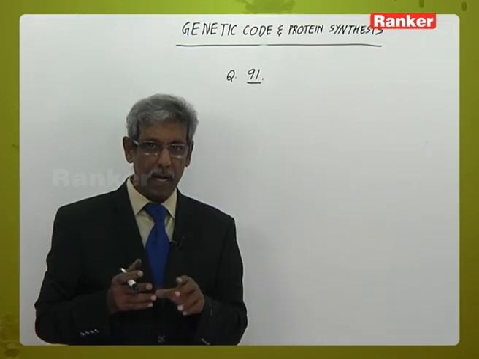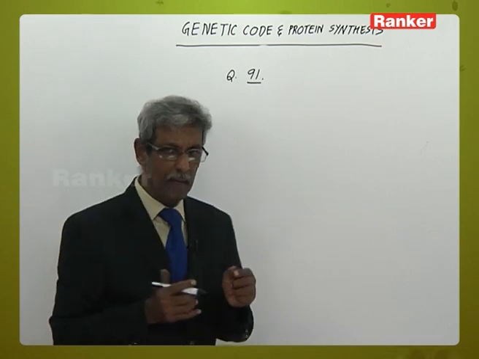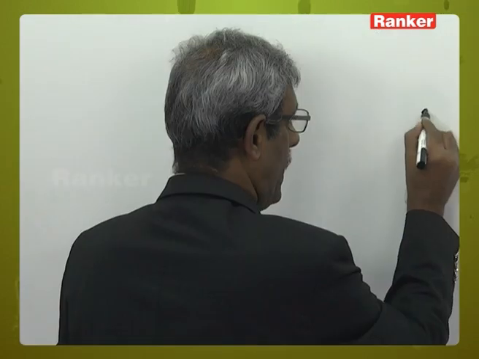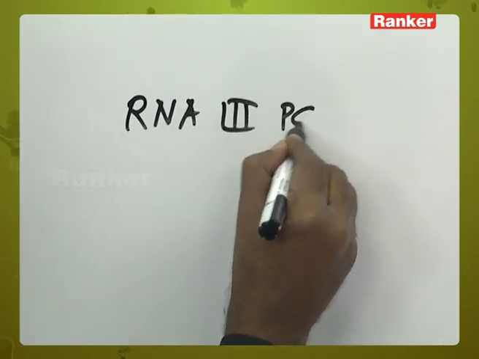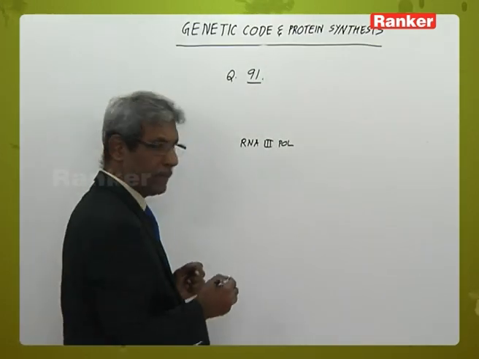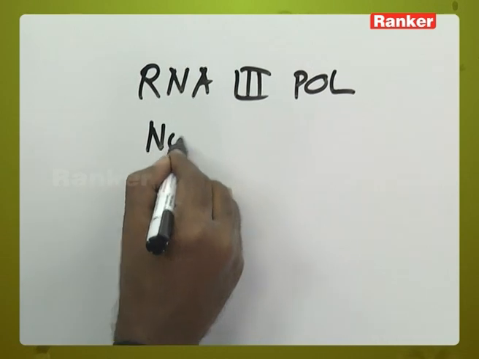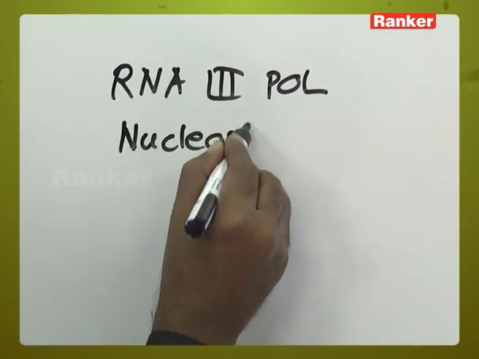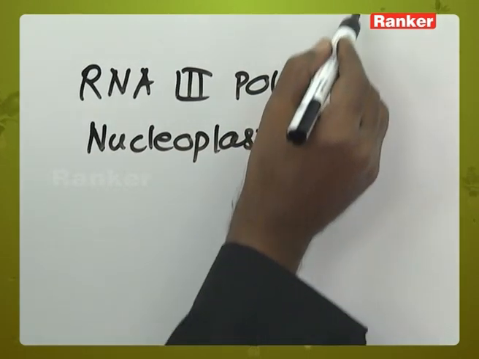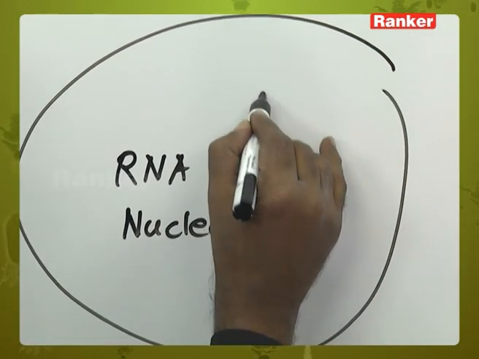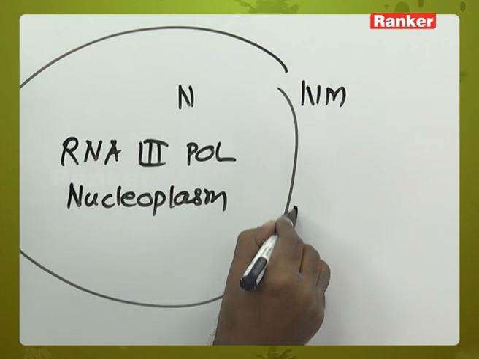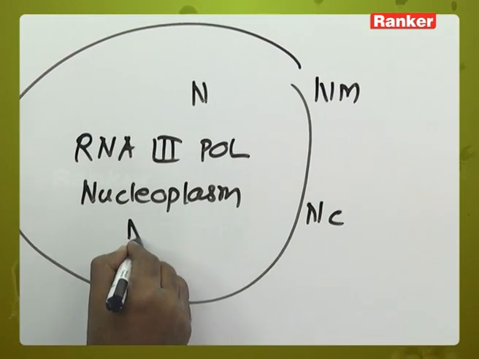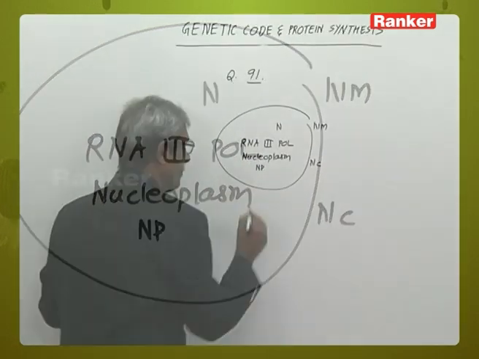Now, if RNA polymerase 3 is removed from the nucleoplasm, you have the nucleus, nuclear membrane, nucleolus, and this is the nucleoplasm.